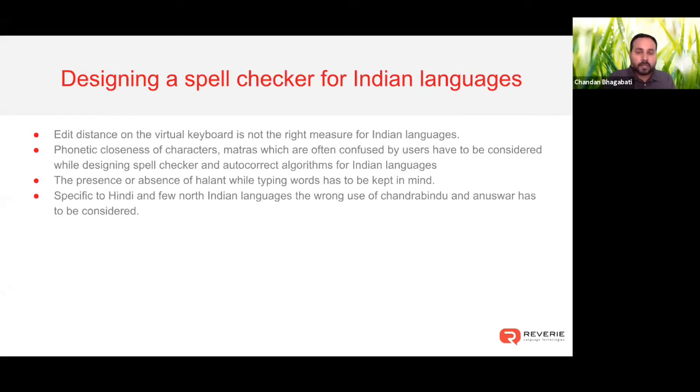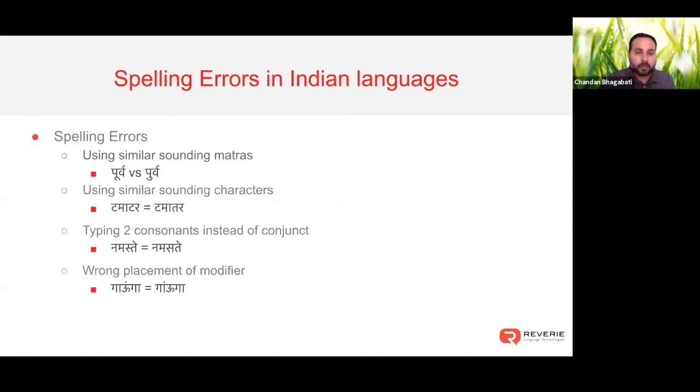So I can summarize: what are the things we need to consider while creating an autocorrection algorithm? Edit distance is not a relevant method for Indian language context, phonetic closeness of characters should be considered, and confusing matras should be considered while designing a spell checker. Again, you should check the presence and absence of the halant. Why?